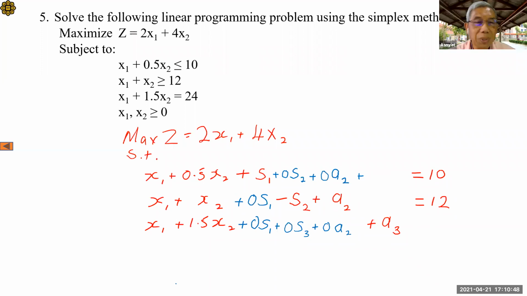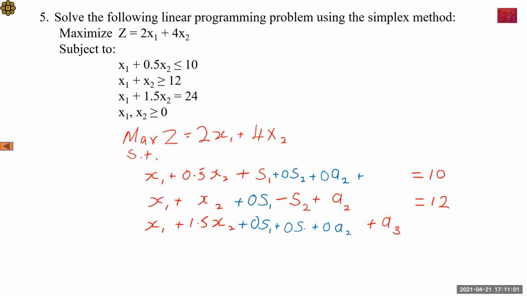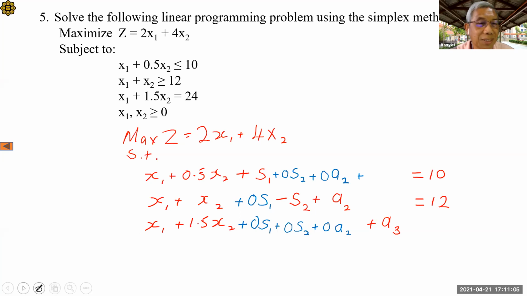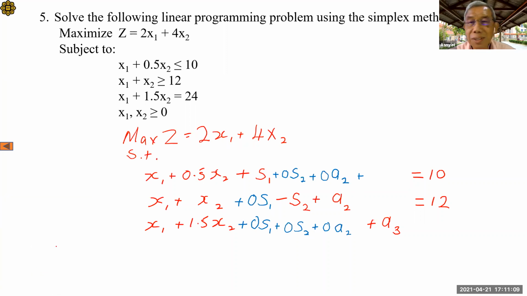Oh, I made a mistake. Should be S2. Erase. Thank you, brother. And the equal also, Doctor. Oh, I missed out the equal. Okay, to make it proper, I put back the color. Equal to 24.